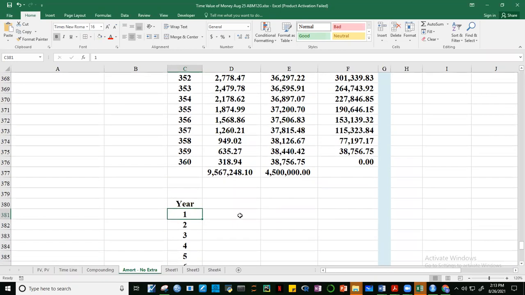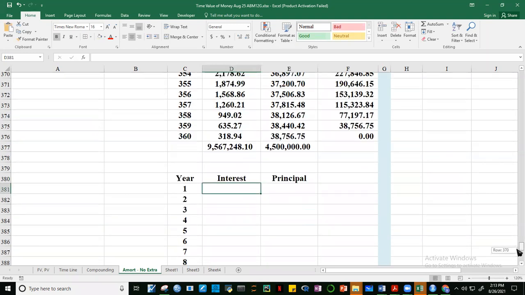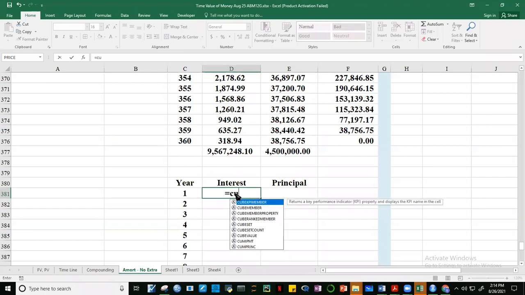We can compute, guys, for how much was the total interest payments and how much was the principal payments. Okay. So actually, guys, pwede nyo gawin yan, isang formula. Tapos copy na lang. One formula for interest, one formula for principal. Okay, so the long formula, the long cut is this one. So sa year 1, no, is equal to, we can use the cumulative, okay, cumulative interest payment.